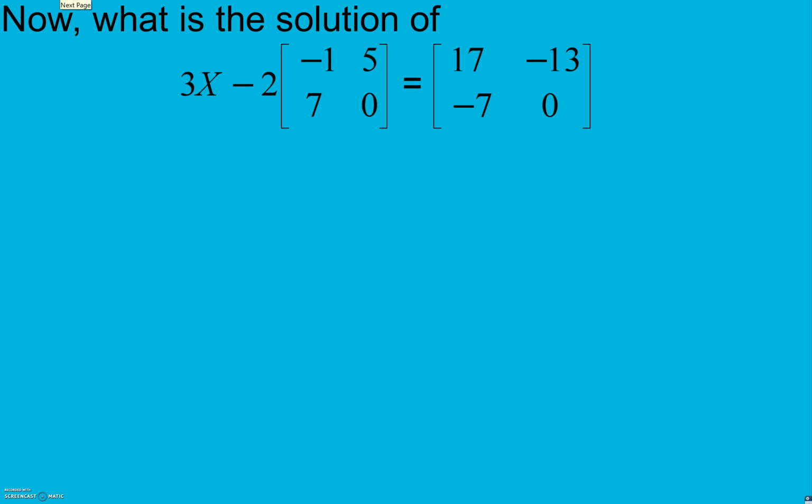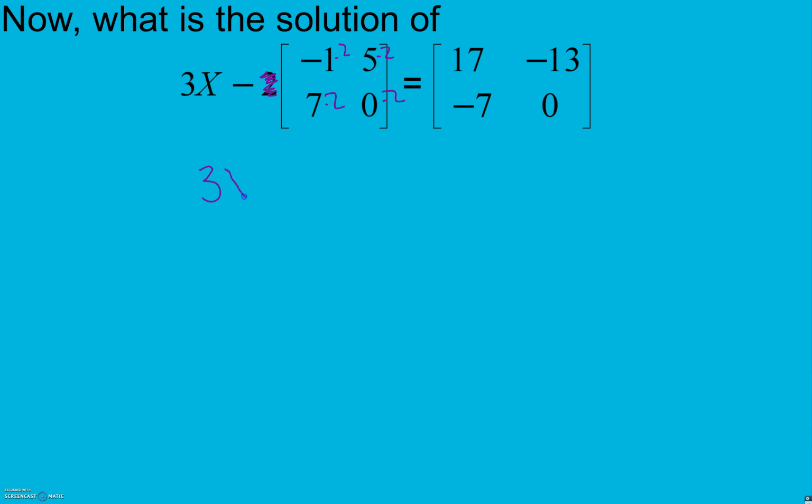Now, same idea here. What is the solution? When we do this, guys, 2 options. We can either take a negative 2 to each piece and then subtract, or we can take just the 2 here, which is what I'm going to do, and then add. Okay, I'm going to multiply by 2, multiply by 2, multiply by 2, multiply by 2.